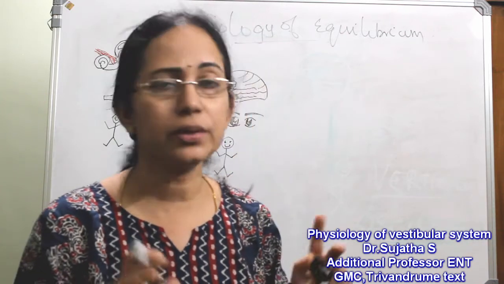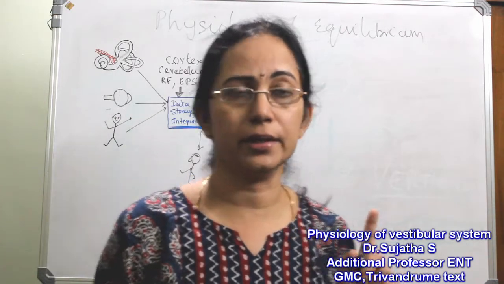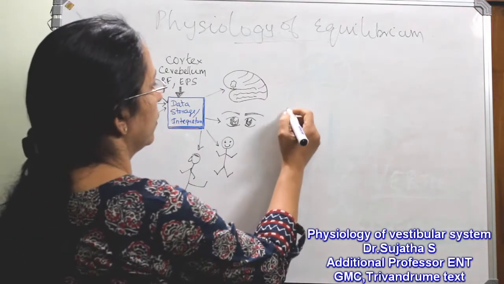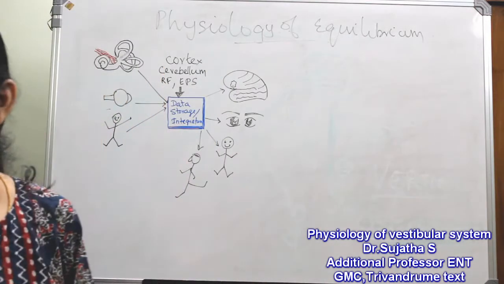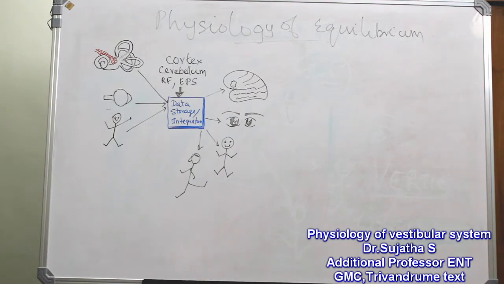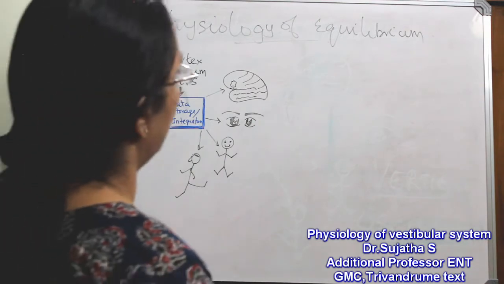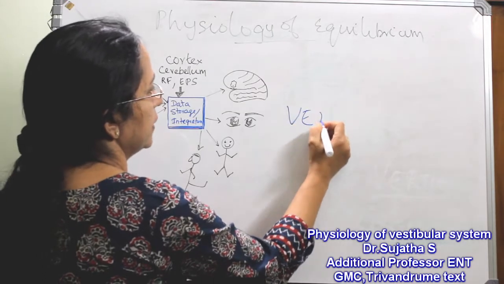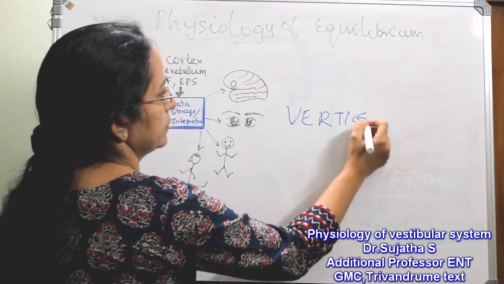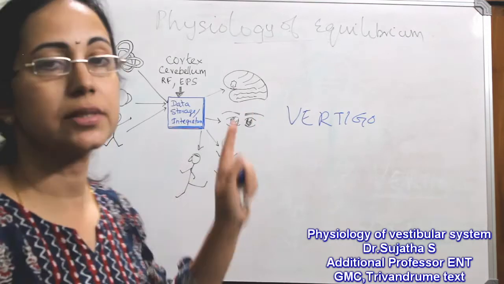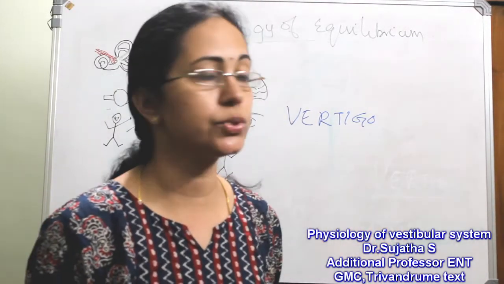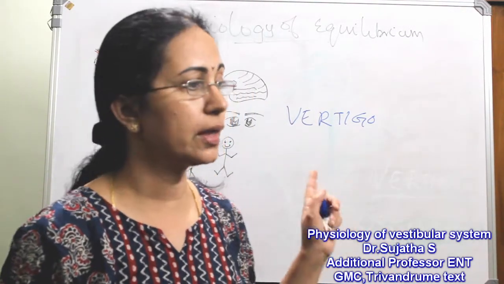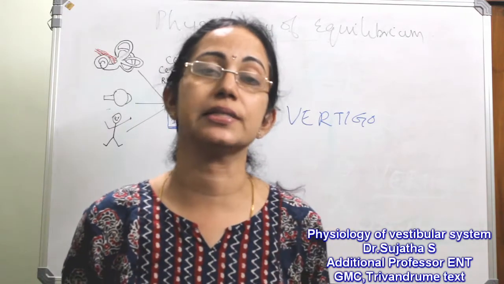Okay, all these are coming under a terminology of vertigo. Okay, all these symptoms, a general term, that is vertigo. Okay, what is vertigo? It is an illusion of movement, or it can be defined as a sensation of instability.